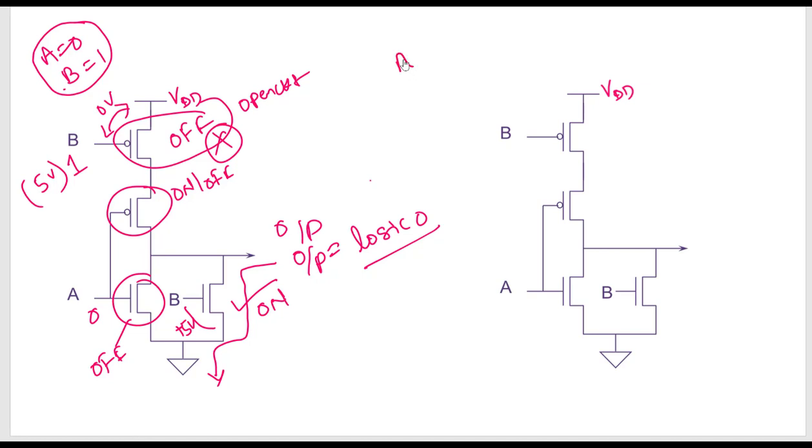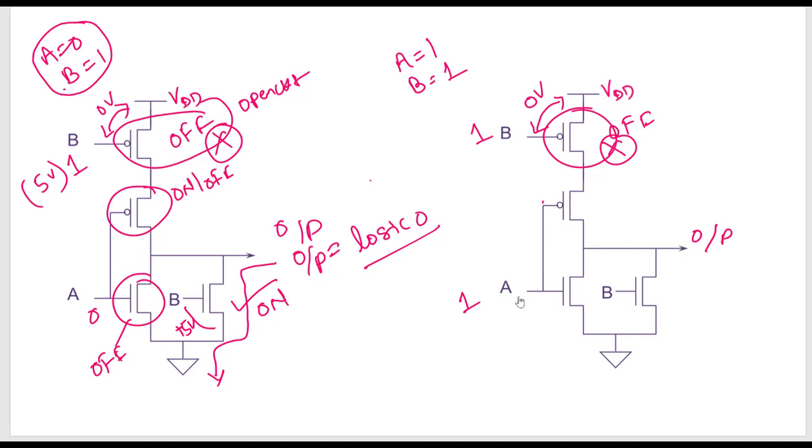Let's take both 1. A equals 1, B equals 1. In that case, this again is minus 5, this again becomes 0 volts effective VGS. This will be off condition. Once this is off, you don't have to consider this PMOS transistor, because when this is open, your output cannot have any effective connection towards the power supply side. When both are 1 1, this is 5 volts and this is 5 volts.